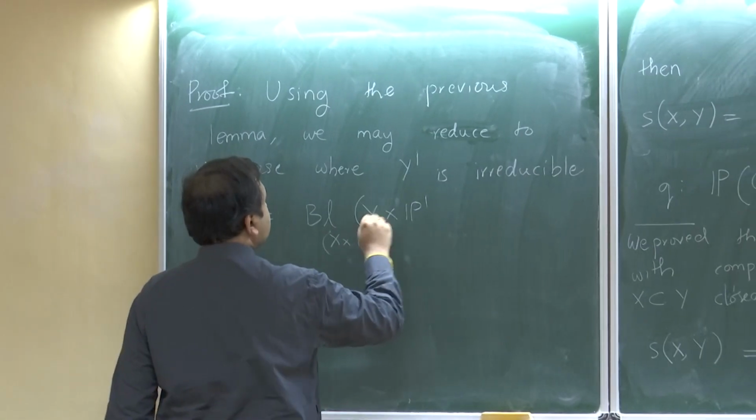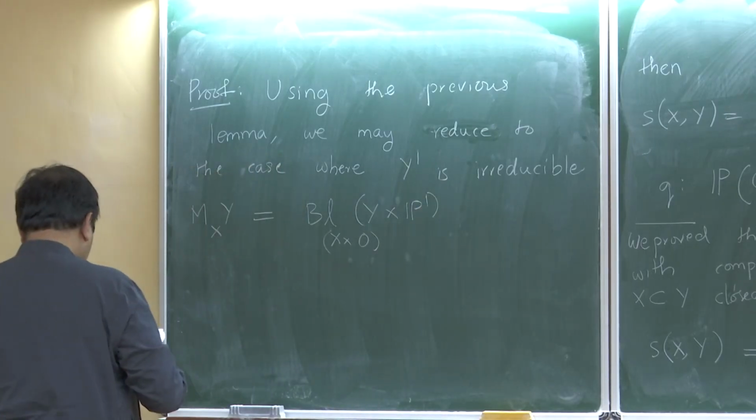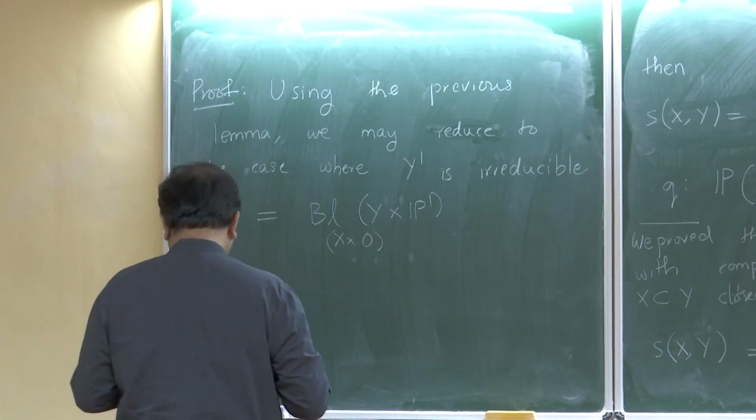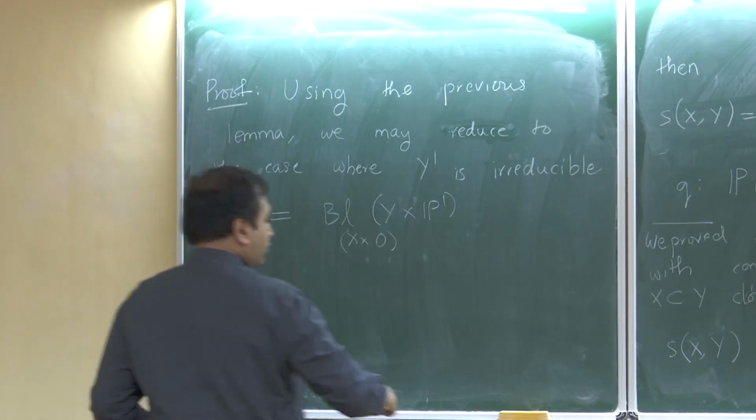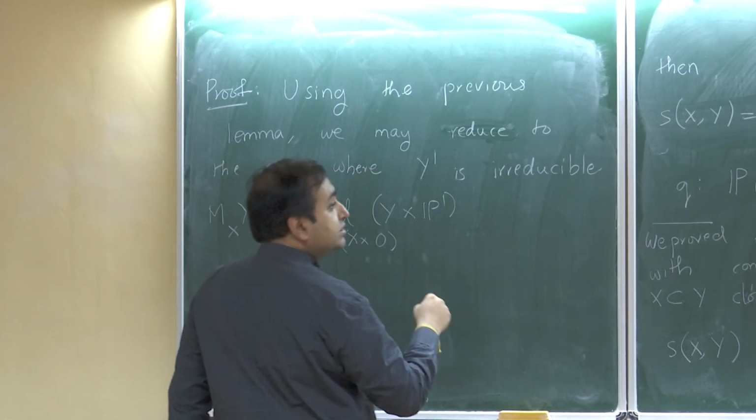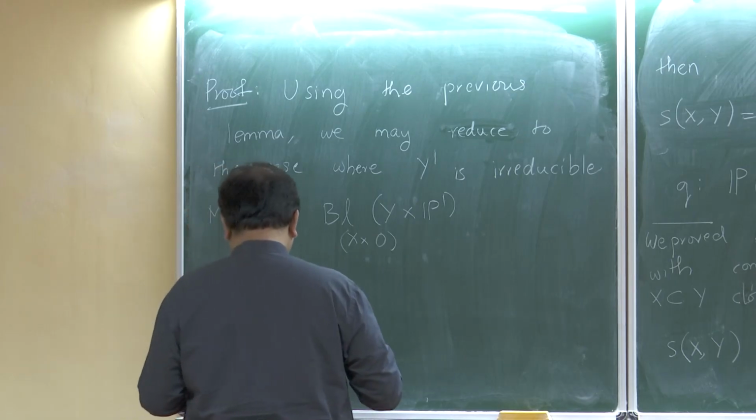So this is a construction we can do for any closed immersion. So we will do it for both these pairs. So we have this.